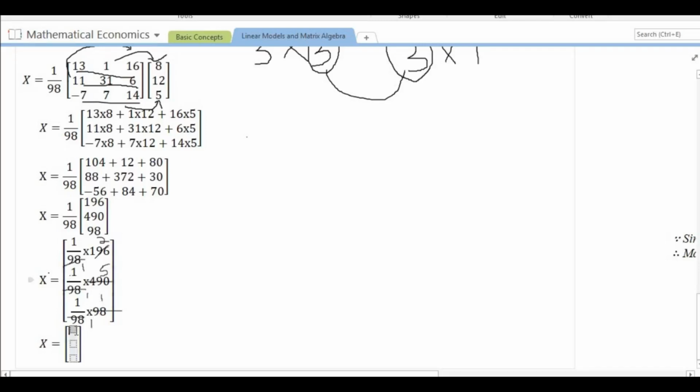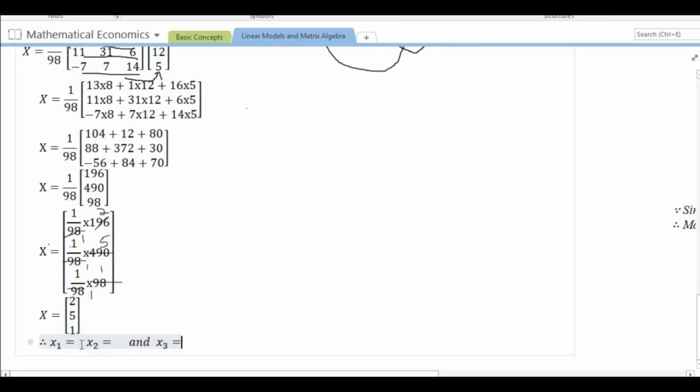So we will have 2 divided by 1, we will get 2. 5 divided by 1, we will get 5. And 1 divided by 1, we will get 1. So finally we'll write down x1 is equal to 2, x2 is equal to 5, and x3 equal to 1.